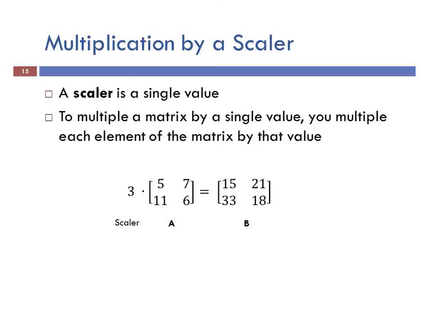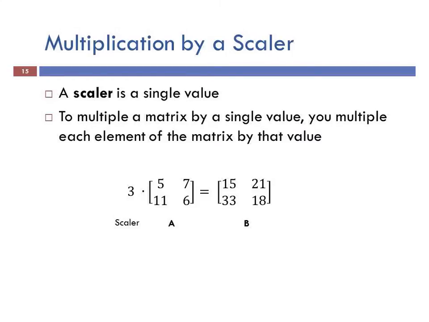Now, the first part of multiplication we're going to introduce is multiplication by a scalar. This is the most simple form of multiplication in matrix algebra, where a scalar is defined as a single value. To multiply a matrix by a single value, you just multiply each element of the matrix by that value. So the matrix is 5, 7, 11, and 6.